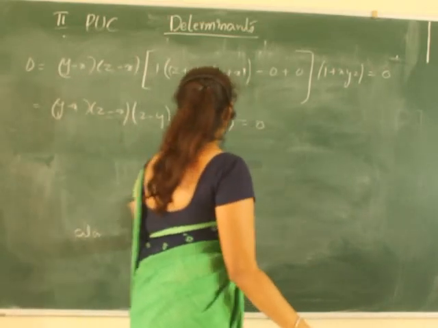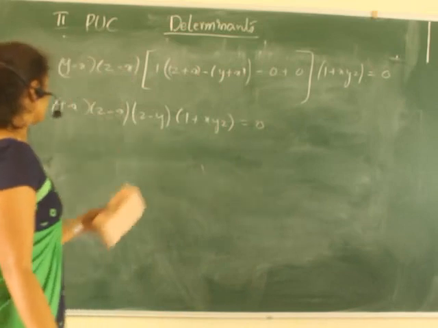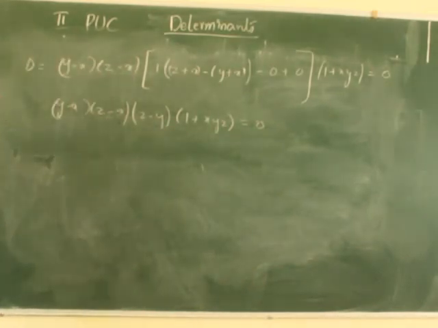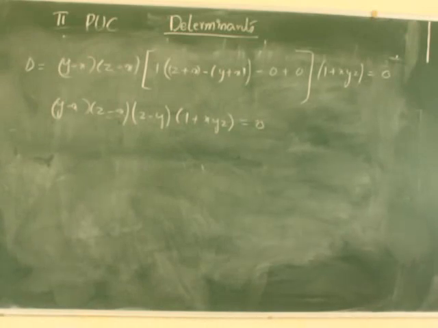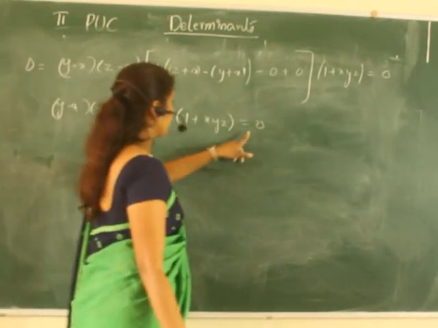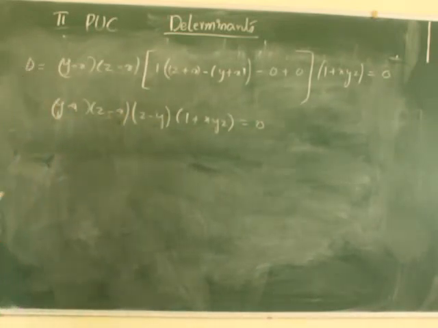Now we got the product is 0, but we have to get 1 plus xyz equal to 0. For that, it is given in the question that x, y, z are different and delta is 0.